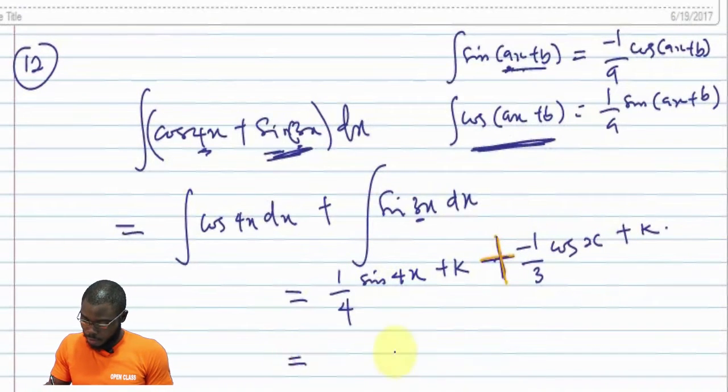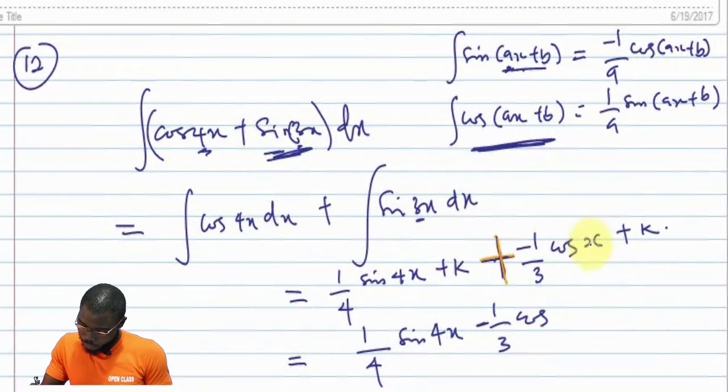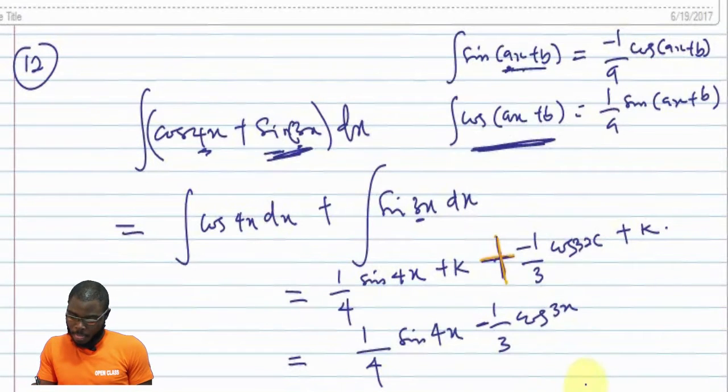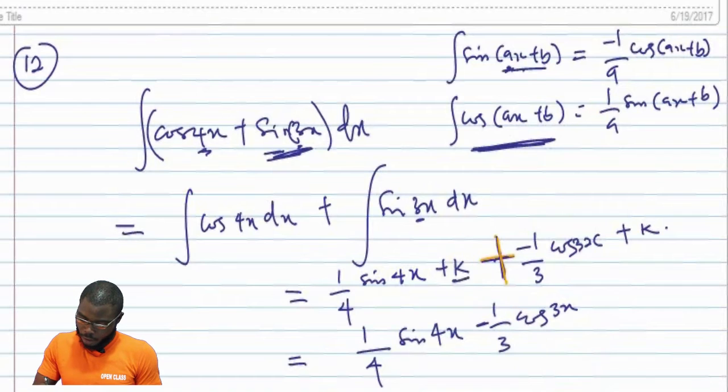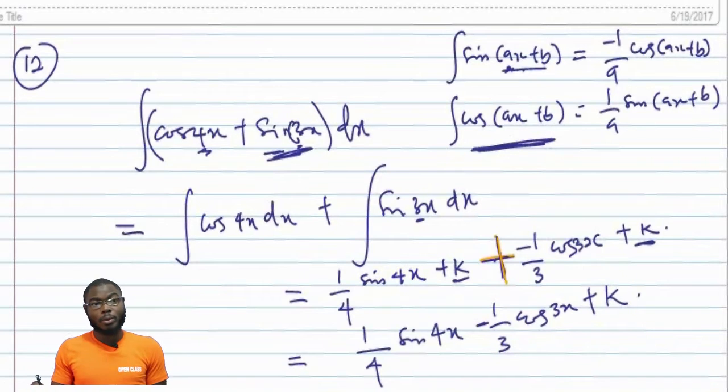So this gives us 1 over 4 sine 4x minus 1 over 3 cos 3x. An arbitrary constant plus an arbitrary constant is just plus k.